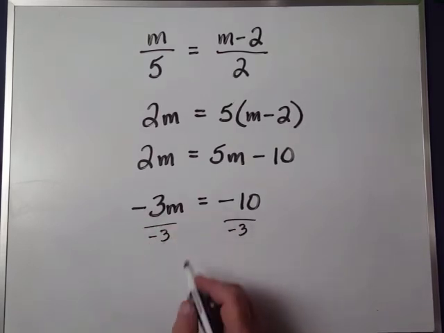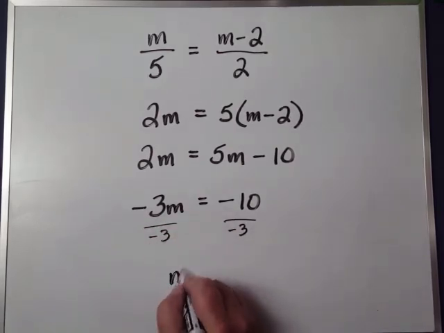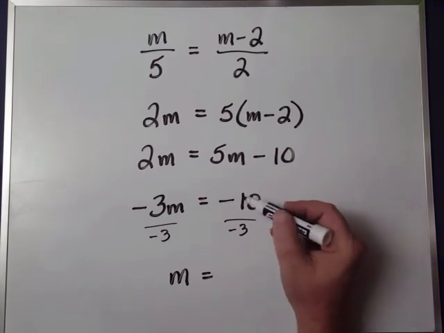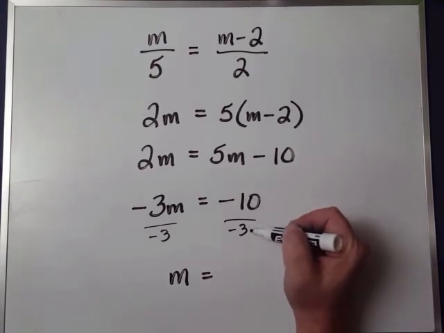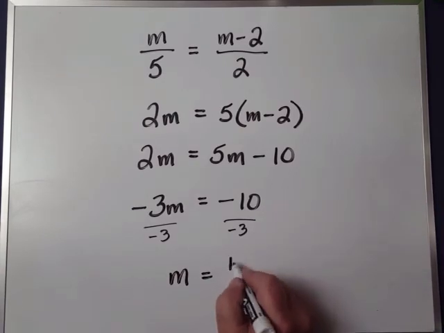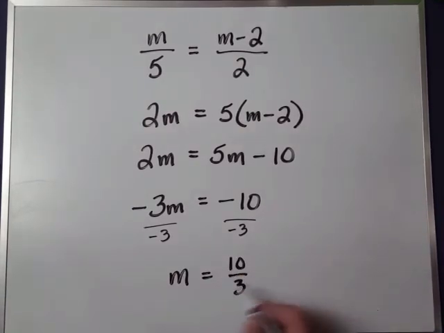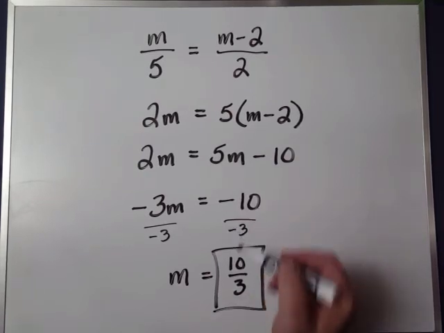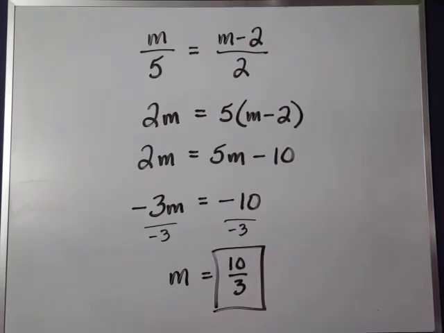On the left, the -3's cancel to leave m equals. And what is -10 divided by -3? Negative over negative is positive. 10 divided by 3 is 10/3. That can't be reduced any further. But do be sure and cancel those negatives.